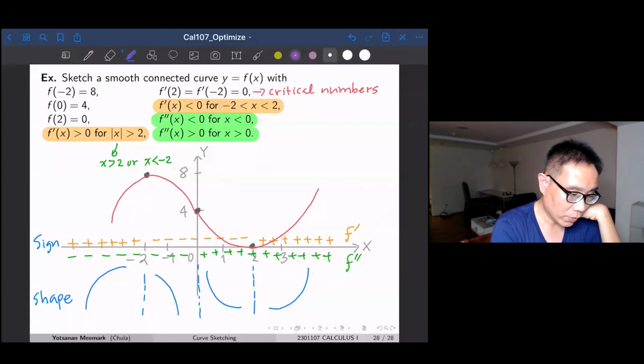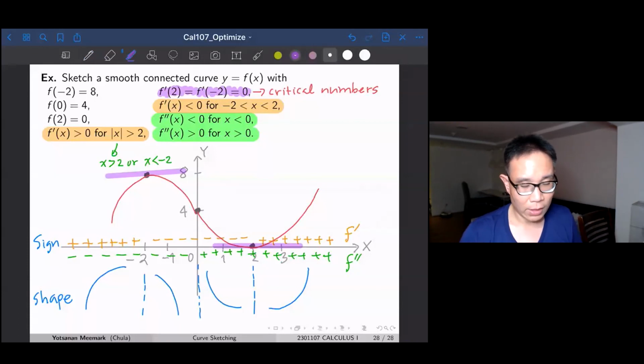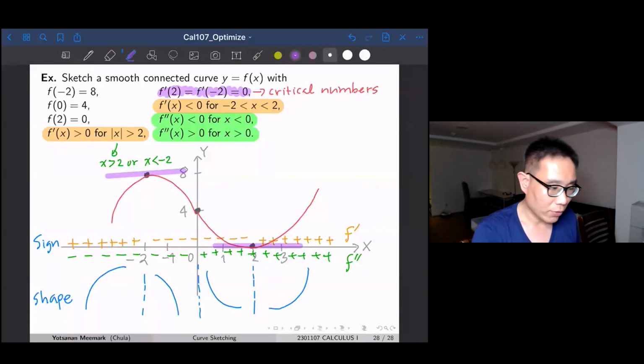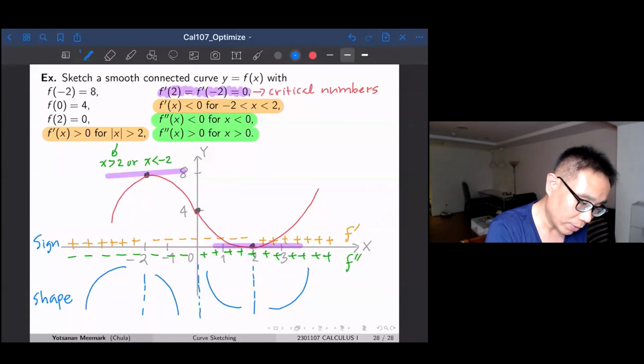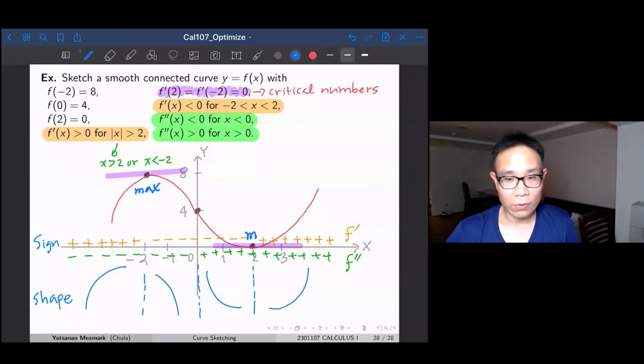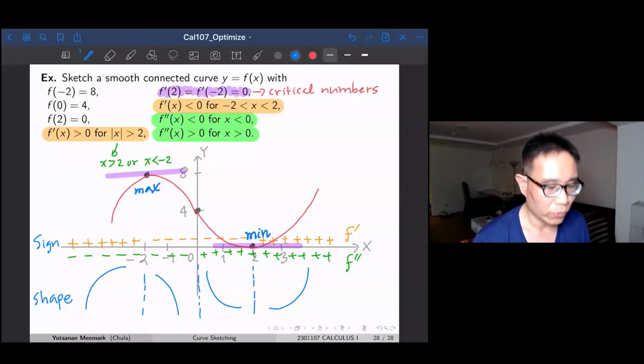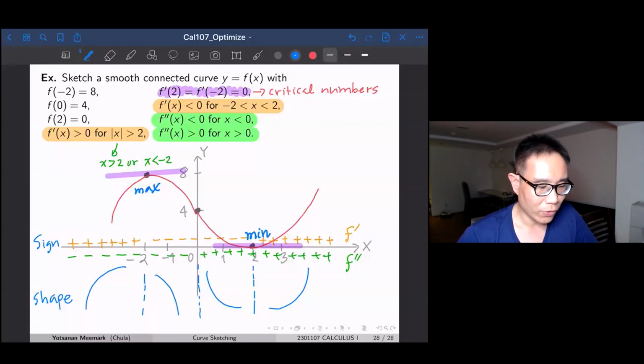So you have horizontal tangents at negative 2 and 2, which I indicate here. And you see that these turned out to be a maximum and a minimum respectively. So you have a local max at negative 2 and a local min at 2. So this is the whole thing.